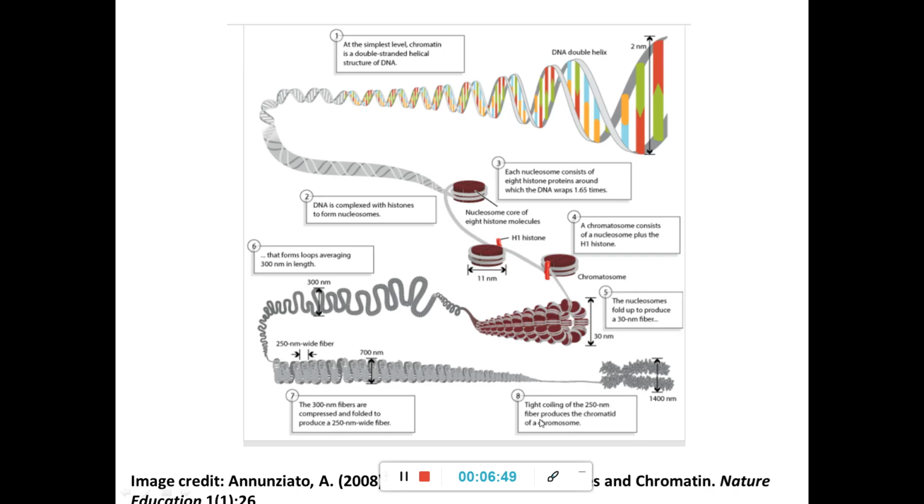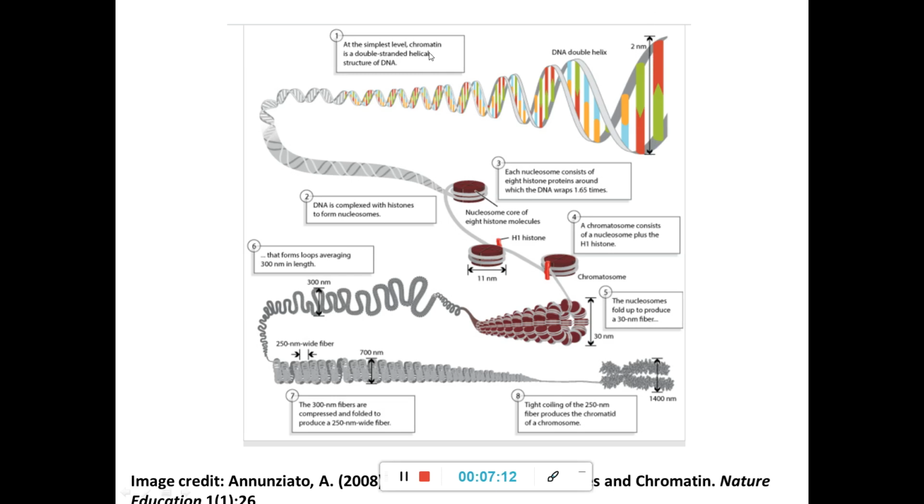This is another depiction which I got from Nature Education, and it is very helpful for understanding from the base level till the end. It is quite nicely arranged; you can go through it. Now you have a 2 nanometer DNA. The DNA double helix has a diameter of about 2 nanometers.